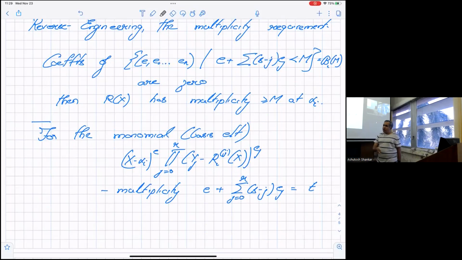Anything that would contribute a power less than m, you just force its coefficient to be zero. So, to state it differently, you look at all polynomials Q of x, y0 to yr with that weighted degree, such that when you write it in this basis, these coefficients become 0.